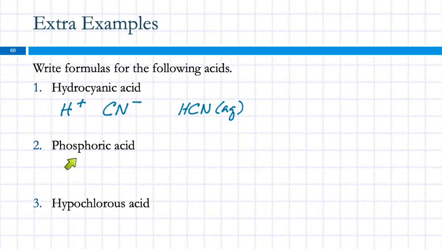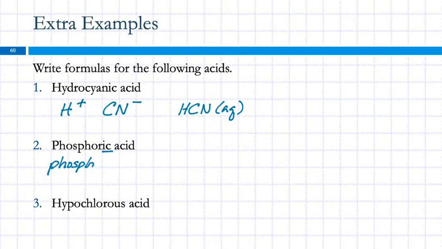Okay, this one, phosphoric acid. Oxyacid or binary acid? Oxyacid, because we have no hydro. So then we're going to look at phosphoric. We're going to change the ic to ate. So this comes from phosphate. You're like, well, why isn't it phosphorate? Well, sulfur and phosphorus, this syllable kind of comes and goes, seemingly randomly.